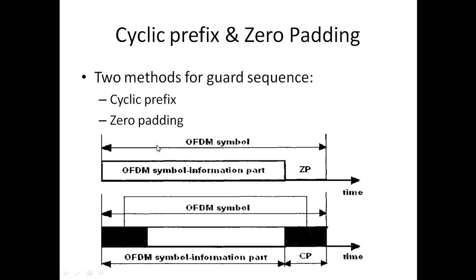In zero padding, it is pretty straightforward: we pad the data with essentially zeros, therefore we send nothing over the guard interval.